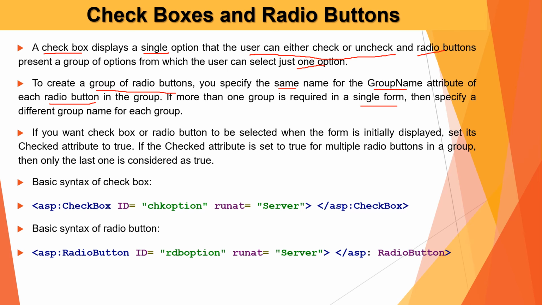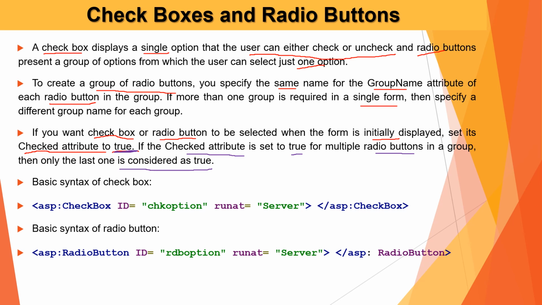On the other hand, if you want a checkbox or radio button to be selected when the form is initially displayed, set the Checked attribute to true. If the Checked attribute is set to true for multiple radio buttons in a group, then only the last one is considered true.